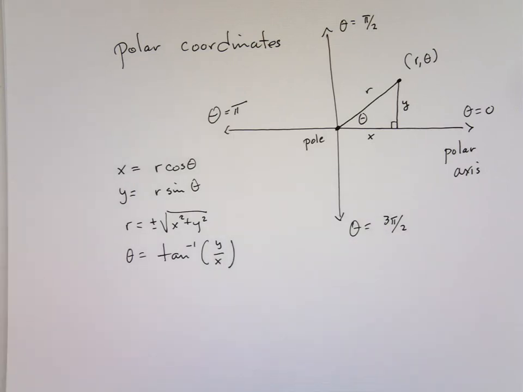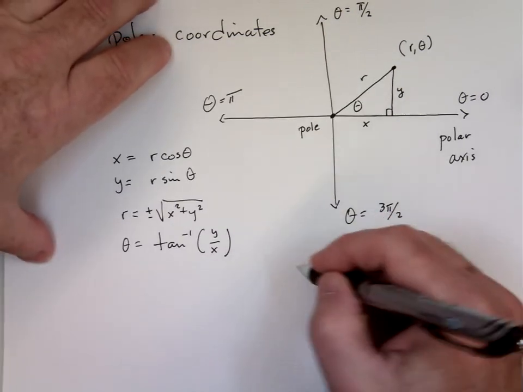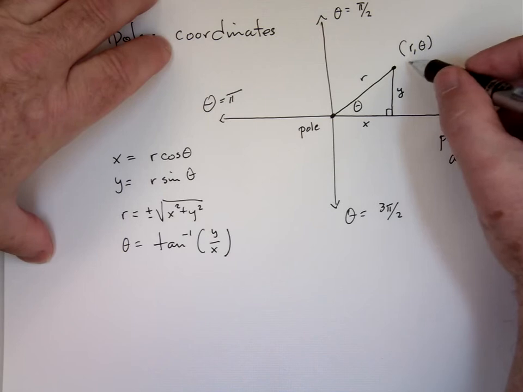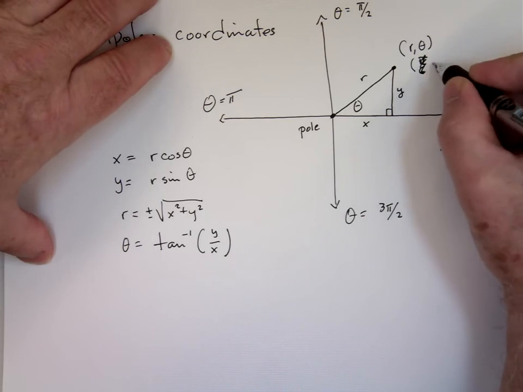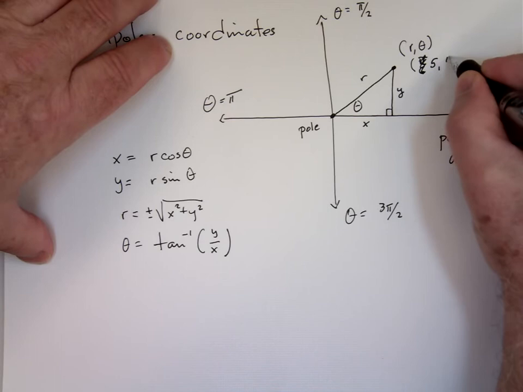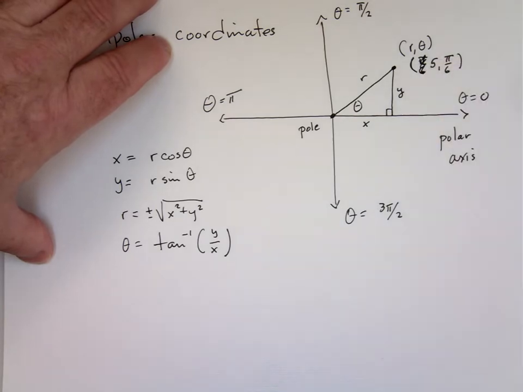So let's take an example. For example, let's locate a point. Let's say our point in polar coordinates is r equals 5 and theta equals pi over 6. Let's find the x and y. What's x equal to here?